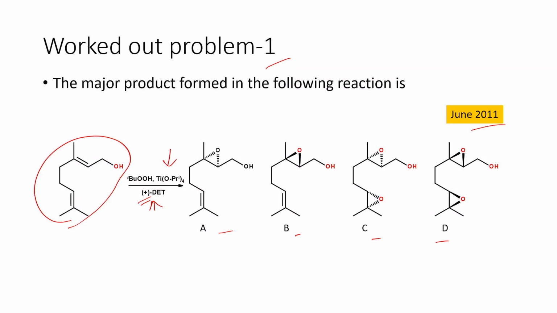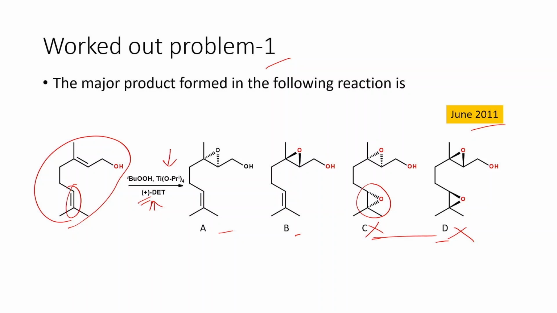So if you look at A, B, C and D, products C and D have the alkene unit also undergoing epoxidation, but tertiary butyl hydroperoxide oxidation in the presence of titanium metal does not oxidize the alkenes. So we can rule out C and D as our final product. So we have only A and B as our expected product in this particular reaction.